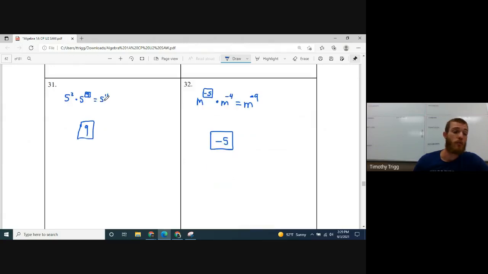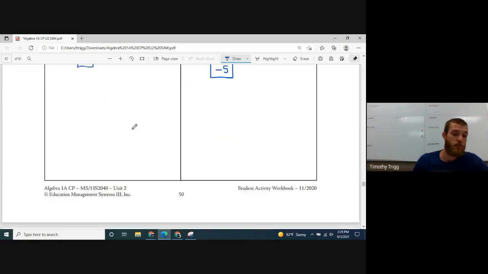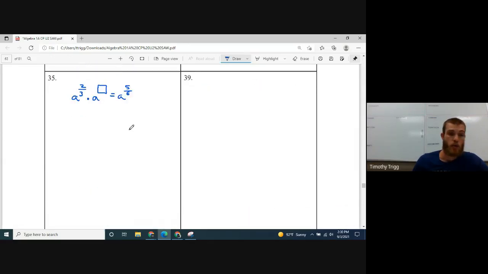So let's look at the first one we did, how we got this 5 to the power of 9. Well, couldn't we have just taken the 11 here minus 2? That gives us 9, right? Or -9 minus -4 gives us -5. So that's kind of the trick here. And so we can do that here.